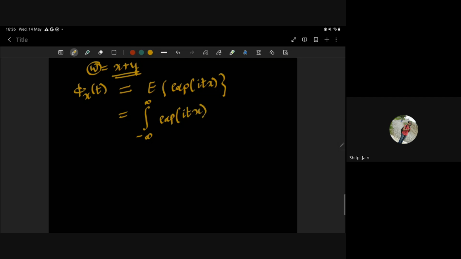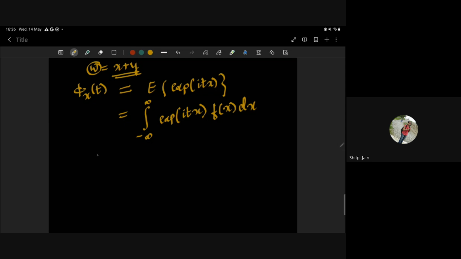So first of all, the characteristic function of a random variable is essentially just the expectation value of e to the itx, which means it's an integral. That's how you define expectation values.